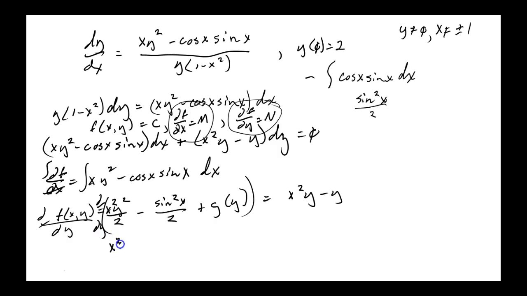No, derivative. Taking a derivative, not an integral. You're doing the partial of this with respect to y. Later we'll integrate, but not now. Yeah, okay. 2 times 1/2 will be 1, x squared y. Right? Minus, take the partial of that with respect to y, and what do you get?